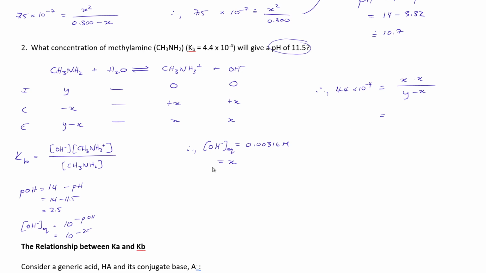I know what my X value is: 0.00316. So 0.00316 gets squared because I'm multiplying it by itself, over Y minus 0.00316. I'm going to do a fair amount of rearranging and isolating of Y. Therefore, Y is equal to 0.0259 molar.